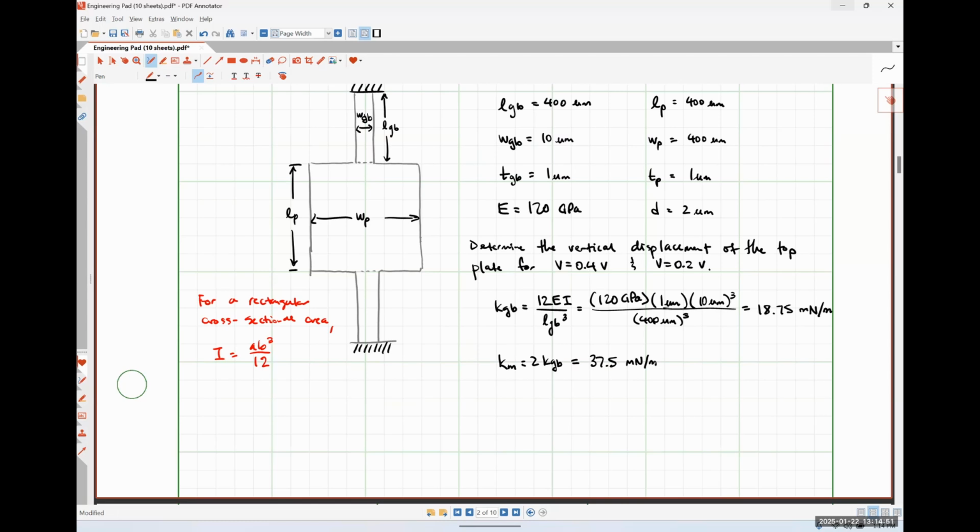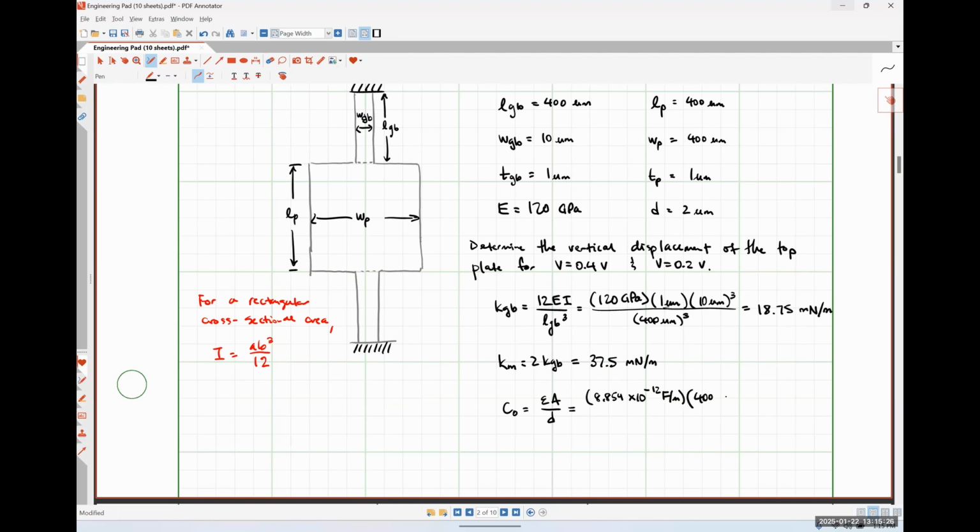Another thing that we may be interested in would be the nominal capacitance of this device. So the nominal capacitance is simply epsilon A over D. Epsilon in this case, because I haven't told you that there would be any type of dielectric material, let's just assume is the permittivity of free space. So that's going to be 8.854 times 10 to the negative 12 farads per meter.